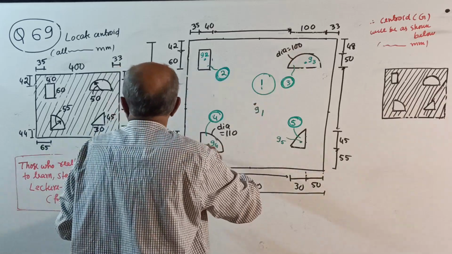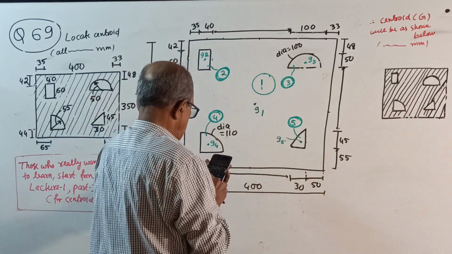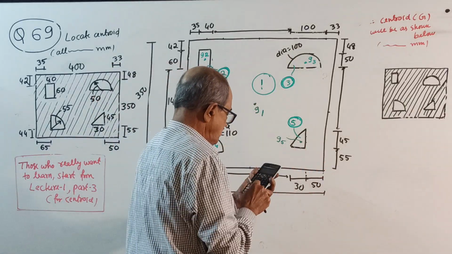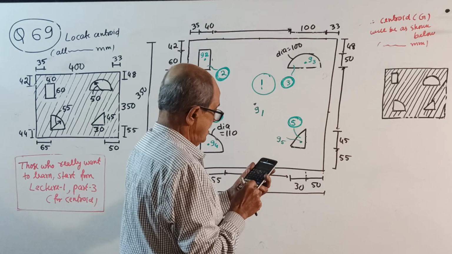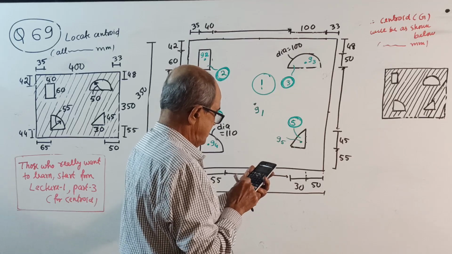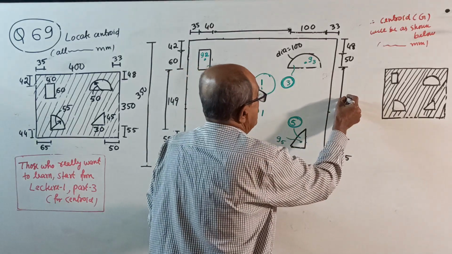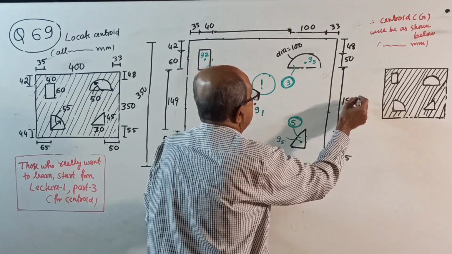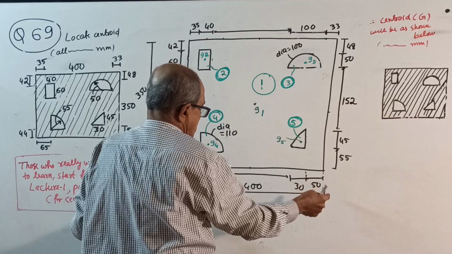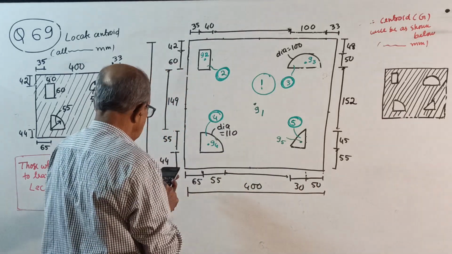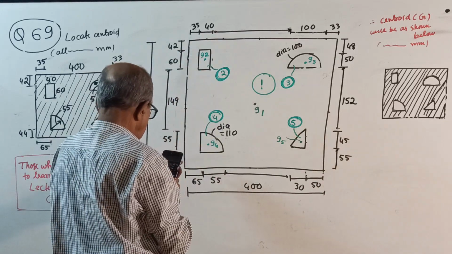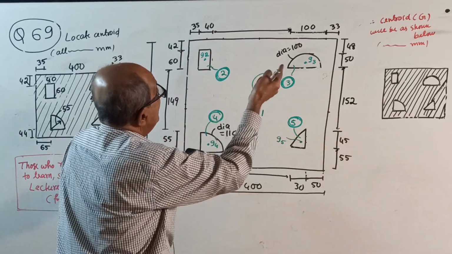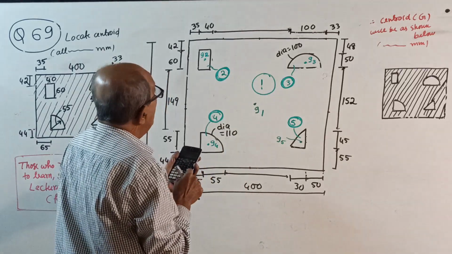That gap is from 350, subtract 55, subtract 45, subtract 50, subtract 48. That is 152, this gap. This gap from 400, subtract 35 and 40, also subtract 33 and subtract 100.